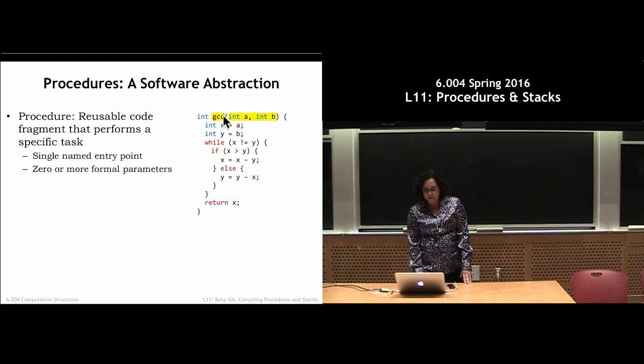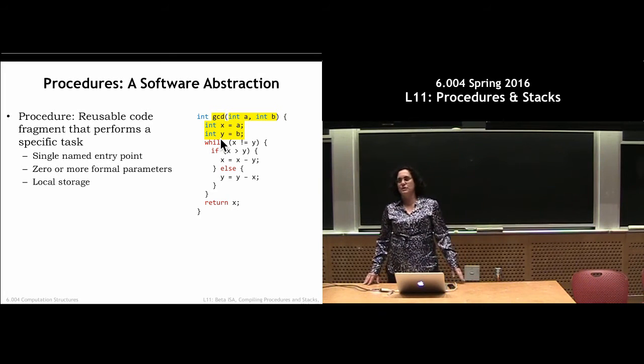We then have 0 or more variables and a specification of what kind of variables they are. So here we have variables a and b, and they're both integers. In the procedure, you can also have local variables. So these variables x and y are just local to our procedure, and they basically disappear once I'm done executing the procedure.